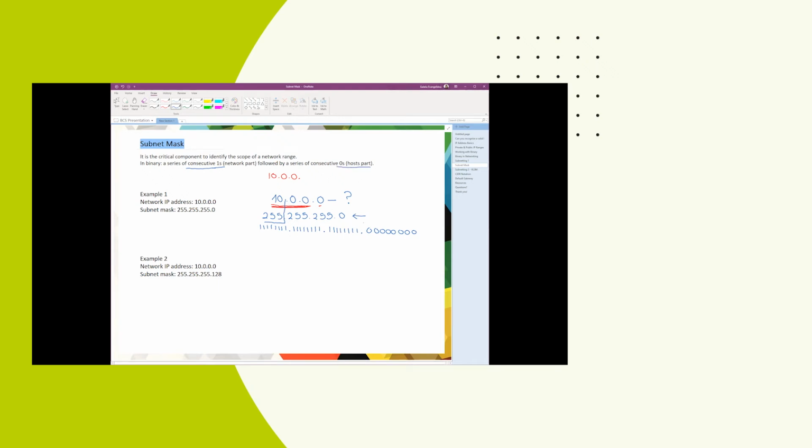So this last octet is going to change because it's the host. These first three octets are the network, and the host part is going to be from 0 up to 255. So it's going to be 10.0.0.0 to 10.0.0.255. This is my range, and this is the size of my subnet.